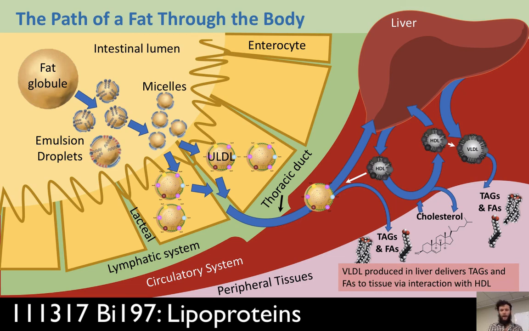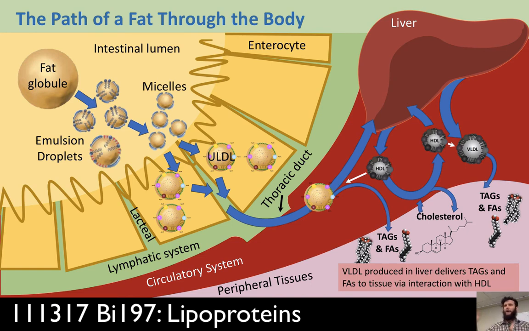There's exogenous and endogenous, meaning there's stuff that came from the digestive system that's being delivered by the ULDLs, and there's stuff endogenous, or from inside you, that's coming from the liver via the VLDLs. All right, so there's sort of two parallel pathways for getting fatty acids and triglycerides to your peripheral tissues. One from the gut via the ULDLs, and one from the liver via the other lipoproteins.